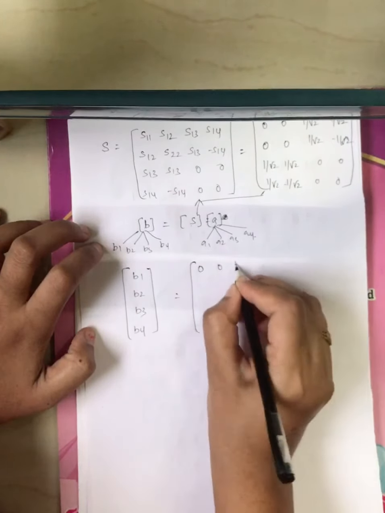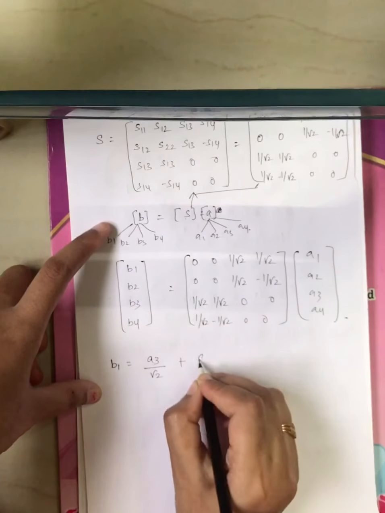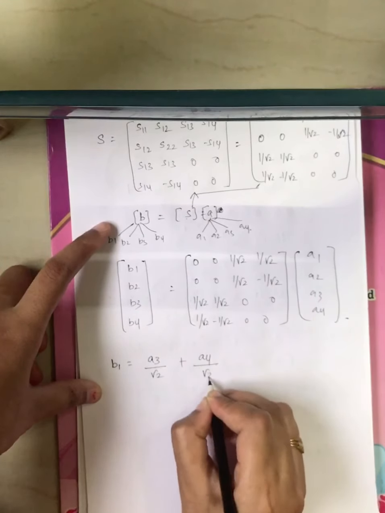This is the S matrix we have found, into its input power at port 1, port 2, port 3 and port 4, right? This is after matrix representation. Now multiply S with A. B1 you will get as A3 by root 2 plus A4 by root 2, and B2 you are getting as A3 by root 2 minus A4 by root 2, right?